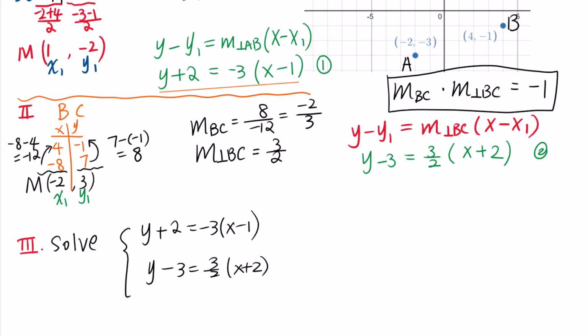The third step, we need to solve this system of equations formed by the perpendicular bisectors of AB and BC. Now let's go to the calculator to solve this system of equations.